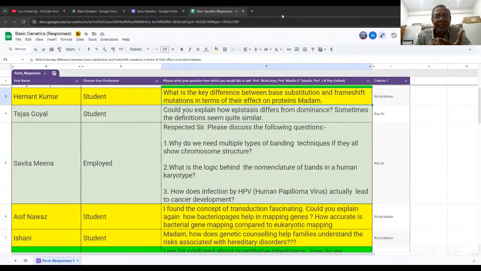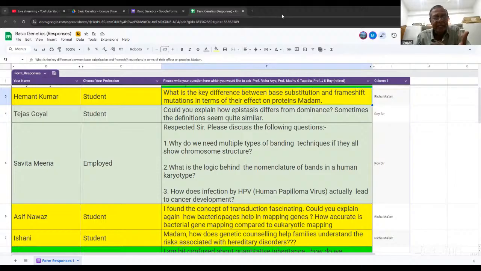That means the amino acid will change from the point where the base is added, and all the other amino acids after it will get changed because one base is added.